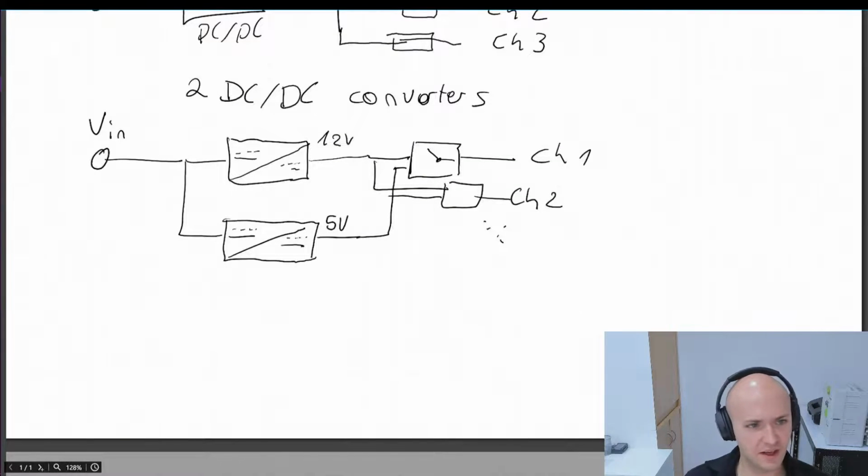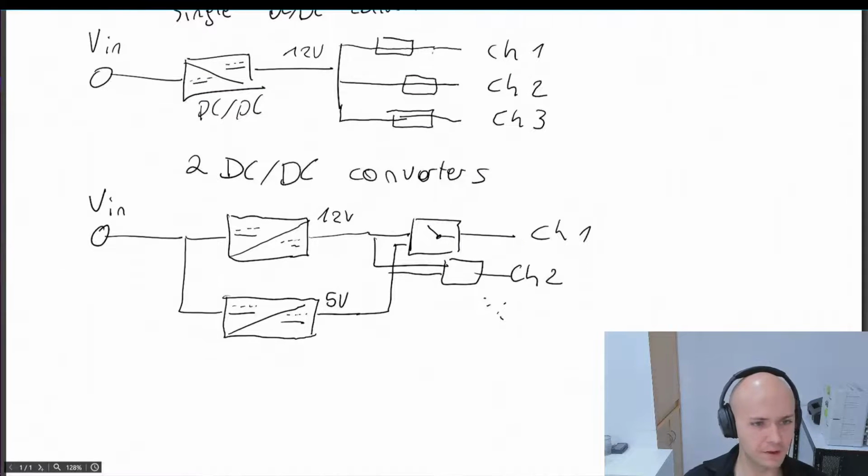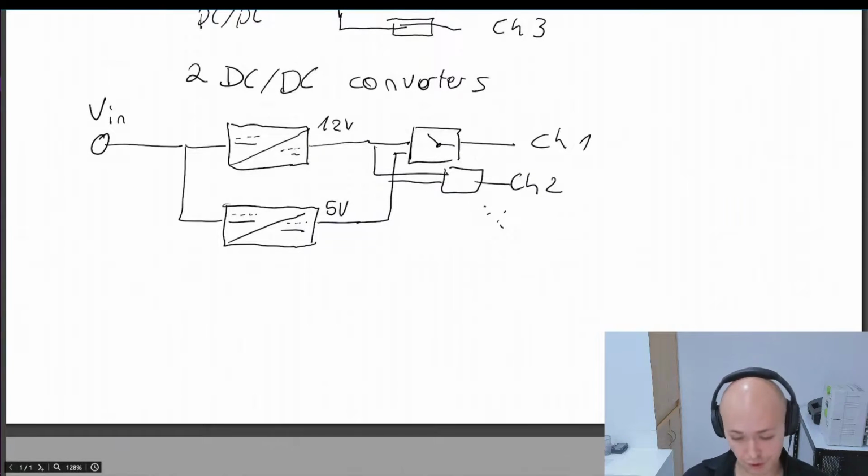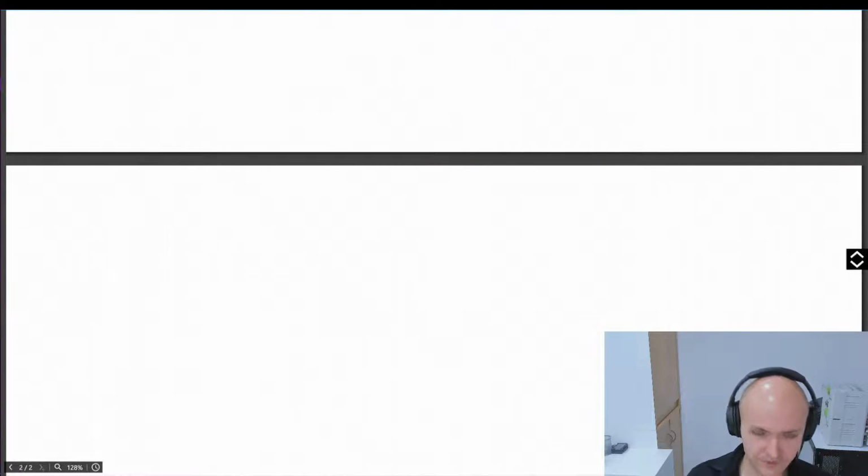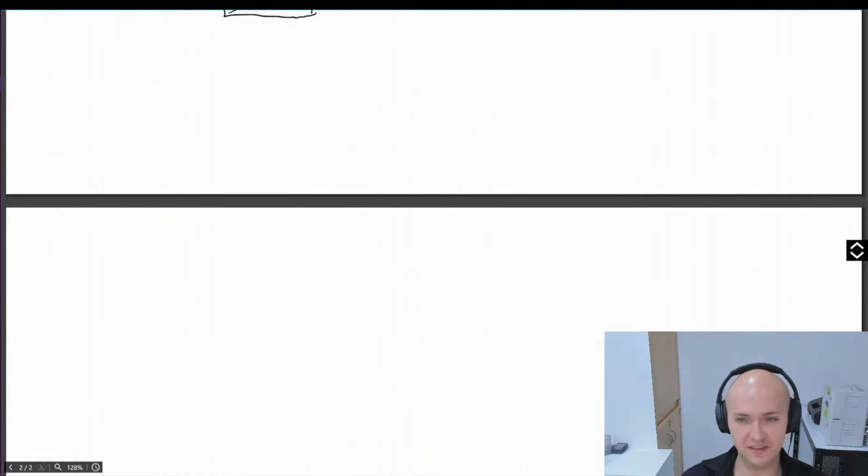Of course, that design would imply having, actually it's the same as above, but with a 5 volt converter. Then I have 2 more for you. The second would be we use 6 DC-DC converters, yes.